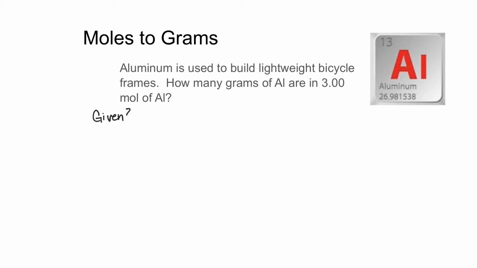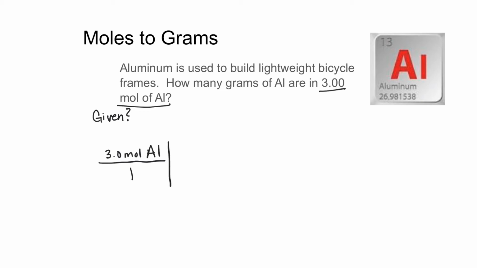Our given is 3 moles of aluminum. And so we're going to put 3 moles of aluminum over 1. That's how we're going to start our calculation. Always put whatever you're given over 1 to start.